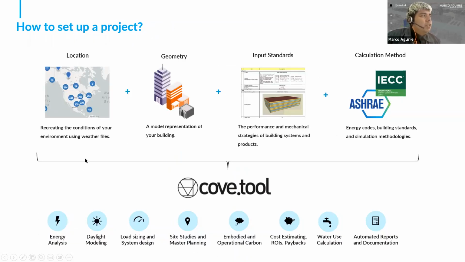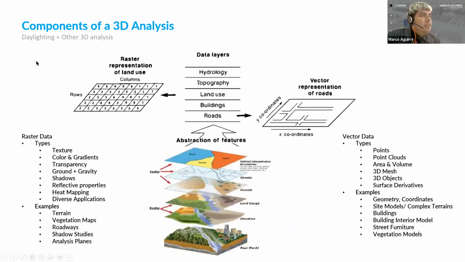When we get information from your building location and from your geometry, the data that we're going to need to create in order to run the 3D analysis is really a series of raster data points and vector data points. Raster data, if you don't know, hopefully these diagrams make sense. Actually, I need it backwards.